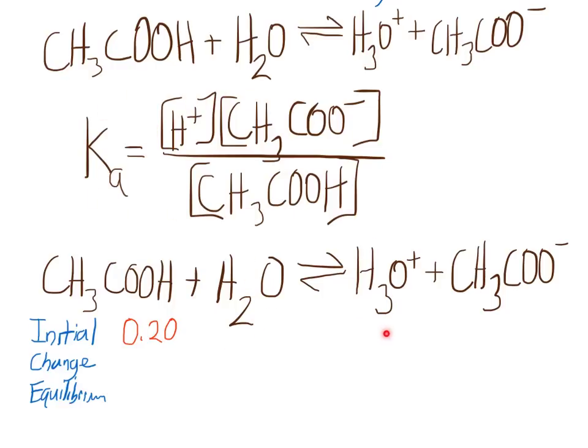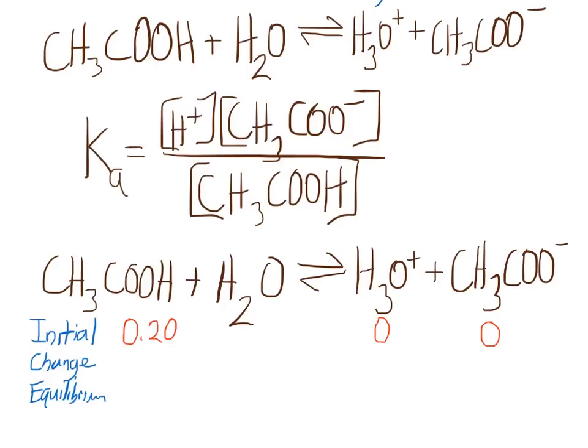The initial concentration of the hydronium ion is 0, because when we say initially, we mean right when we add the acetic acid. Nothing's happened yet. It hasn't dissociated at all. So 0, and if it hasn't dissociated, this is also 0. Alright, now the change. That means how much the acetic acid is going to lose or gain to reach equilibrium.